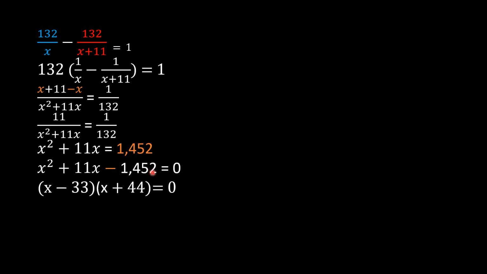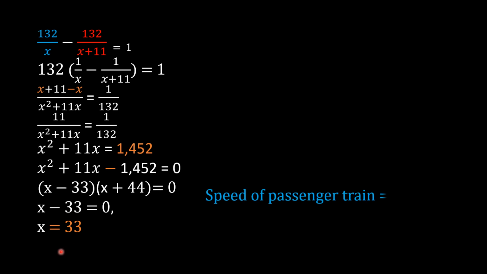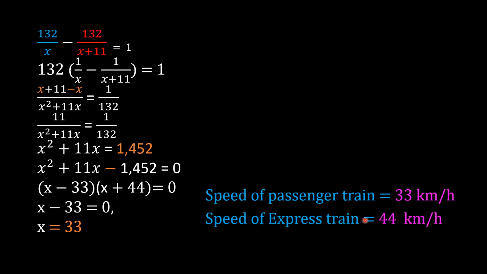Now the first factor x minus 33 equals 0 gives us x equals 33. So the speed of the passenger train will be 33 kilometers per hour, and since the speed of the express train is 11 kilometers more than that of the passenger train, the speed of the express train will be 33 plus 11, that is 44 kilometers per hour.